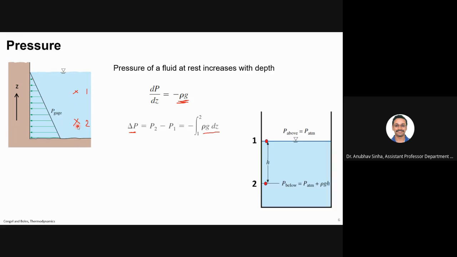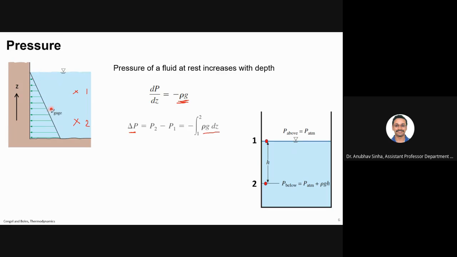So this is what I was talking about. How do we get dp by dz equals minus rho into g? Basically, let us say we have stacks, layers of liquid, and you are talking about the gravitational pull. That liquid stack will have some mass, right?